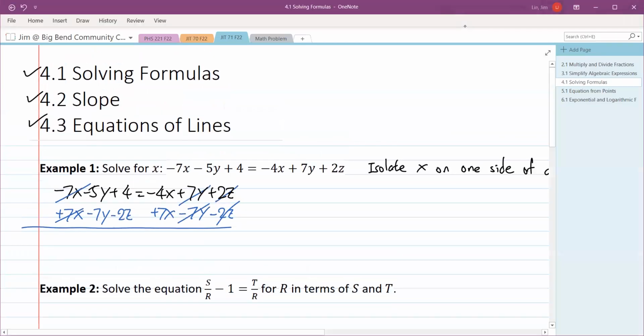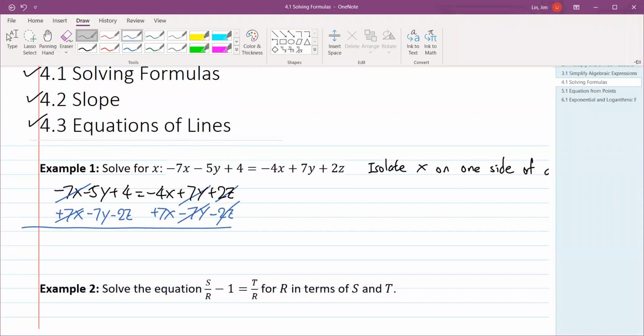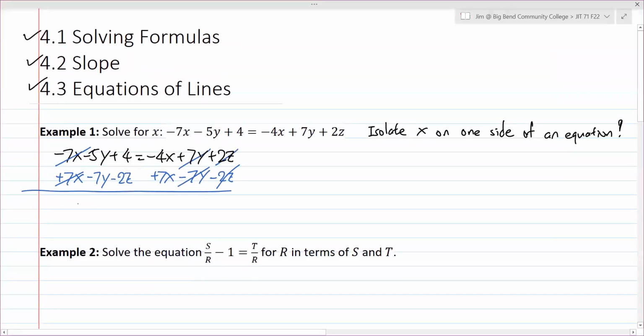All right. Then the result is going to be negative 12y. So the left-hand side will now have negative 12y plus 4 minus 2z. And then for the right-hand side, you only have negative 4x plus 7x, which gives you positive 3x. All right, so we're reducing the right-hand side, and then we are almost there.